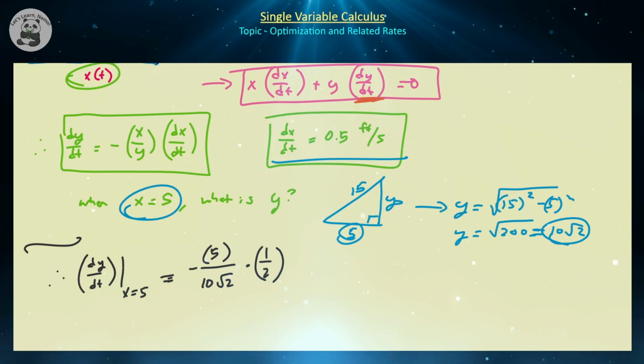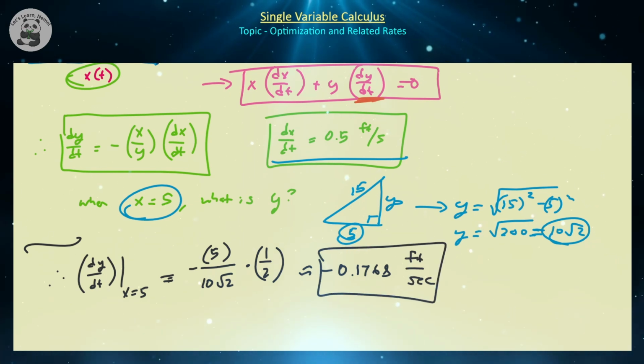And as a decimal, that's approximately equal to negative 0.1768 feet per second. And keep in mind, if you forget the minus sign, that's a really big error, because since our dy/dt is negative, that means it's sliding down the building, not sliding up. So that problem isn't too bad.